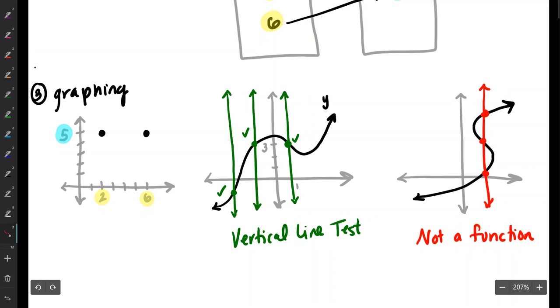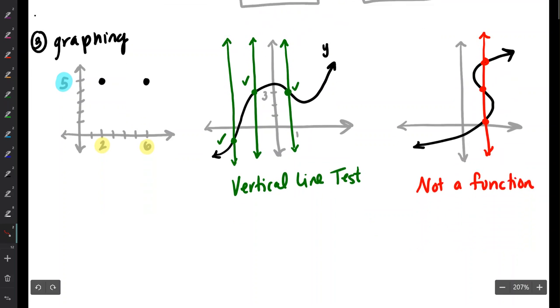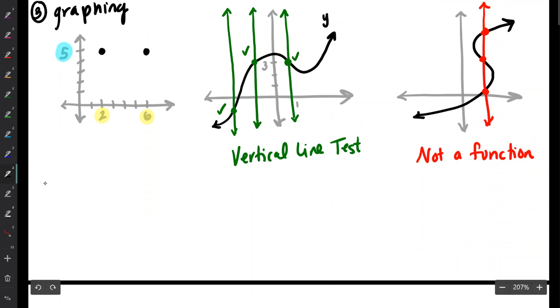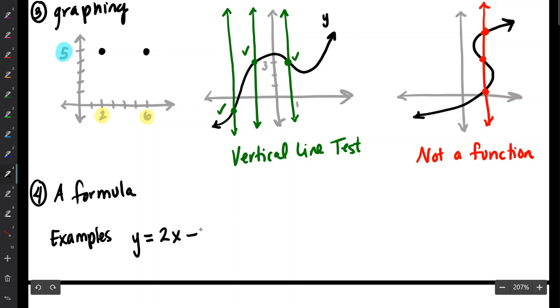All right, and then the fourth way that you can show the reader a function is with a formula. Right, and we've got some examples, like our lines. I wrote a y because I was already on this. Y equals, say, 2x minus 1.